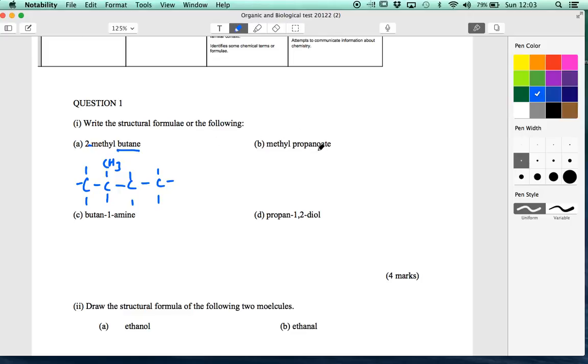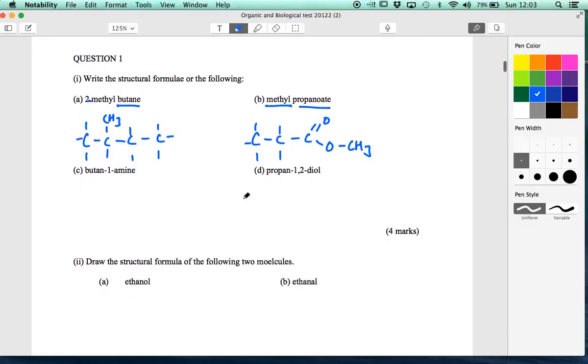So methyl propanoate is an ester, okay, there's my side chain and there's my main chain. So prop being 3, there's my main chain, put in my ester link, and then I put in my side chain, so CH3. Again, make sure on these bonds you put the hydrogens, but for the sake of this, I'm not going to worry about it.